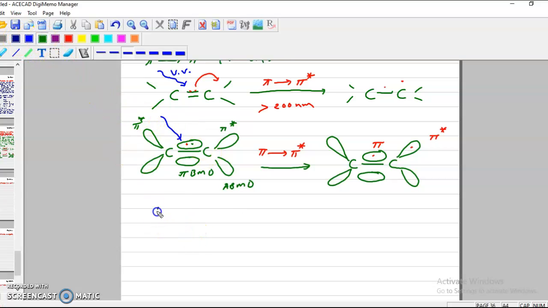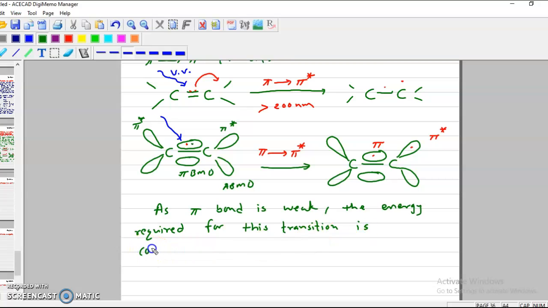As the pi bond is weak, the energy required for this transition is comparatively less than the sigma to sigma star transition as well as the n to sigma star transition.